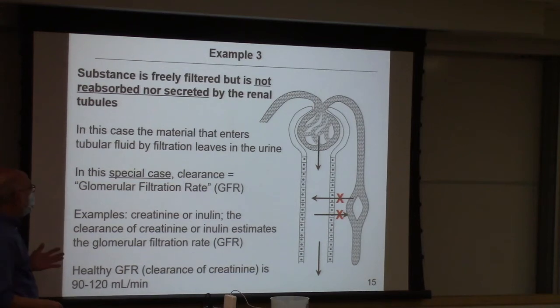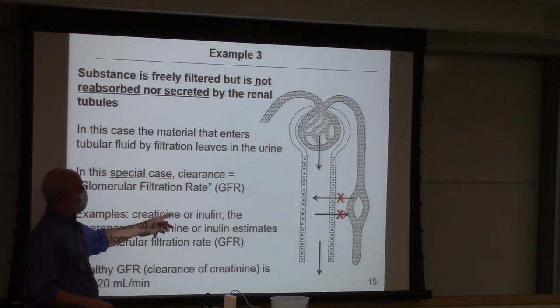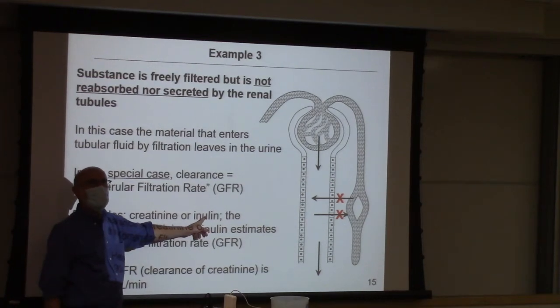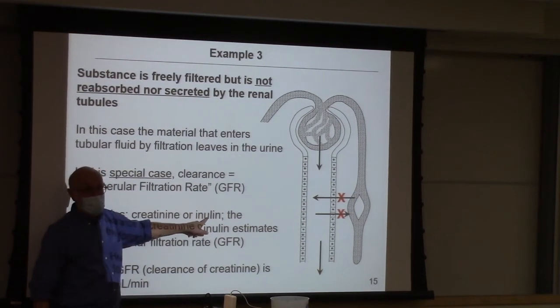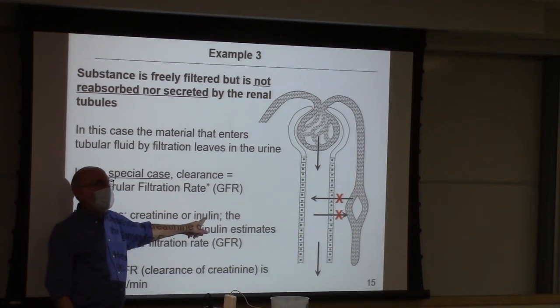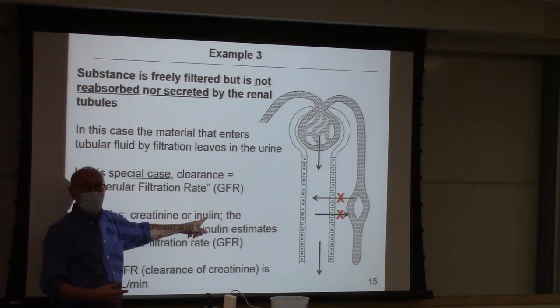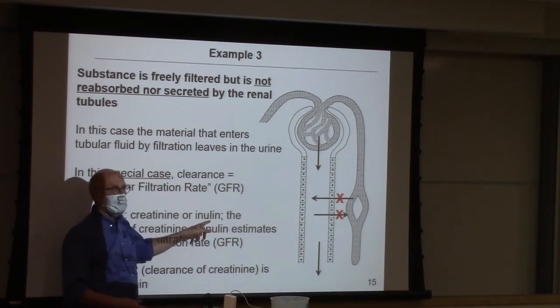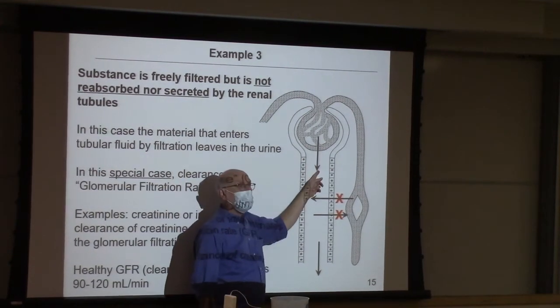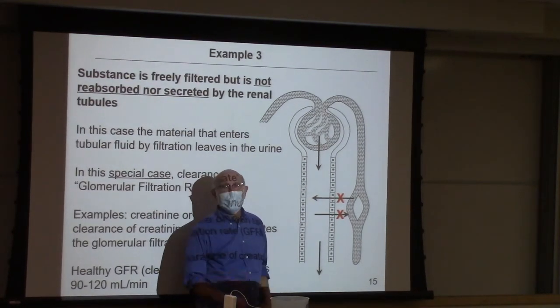So, for example, there is a sugar called inulin. This is not insulin. This is inulin. It's a sugar that is found in some plants. And it's a sugar, so it's a small molecule. It is freely filtered, but we don't digest it either.